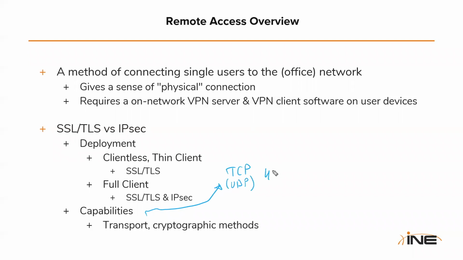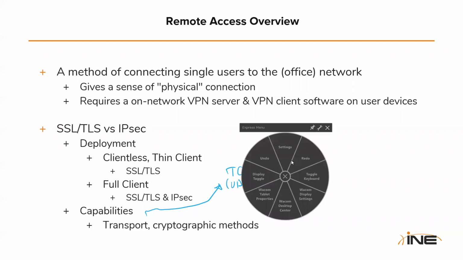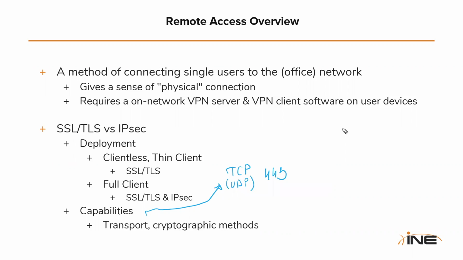And by default, it's going to be port 443 that you use for SSL/TLS. Versus with IPsec, as we know, it's going to be initially UDP port 500 for negotiation. Then it may be either ESP, or if the devices involved in the communication detected a network address translation, we will potentially float from 500 up to 4500.